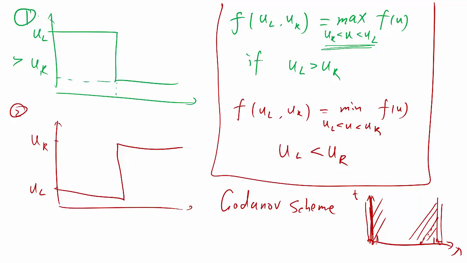That takes care of things, because if the characteristics are moving towards the outside, then I'm using the flux value from the inside. If the characteristics are going inward, then I'm using the flux value from the boundary condition. Okay, is that clear?